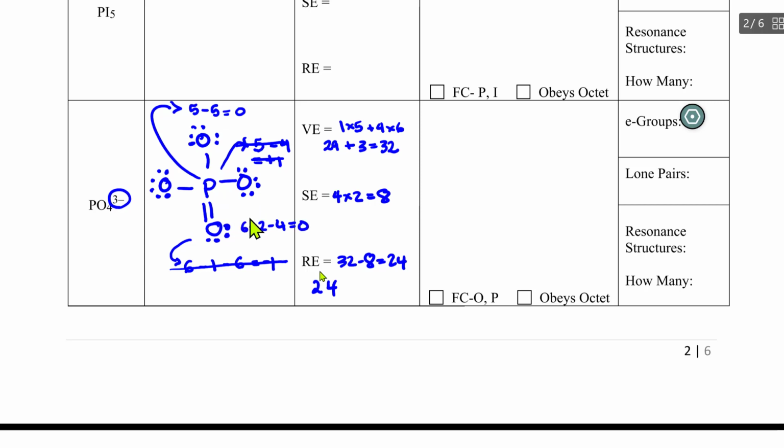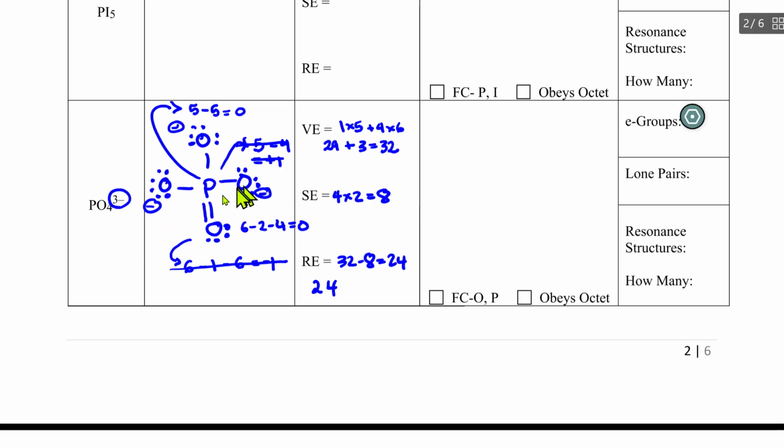Now, this one became 0, this one became 0. Notice there's 3 other oxygens that follow this calculation, and so this one's -1, -1, and -1. Again, a quick rule is that if you add up all the formal charges, it equals the overall charge.